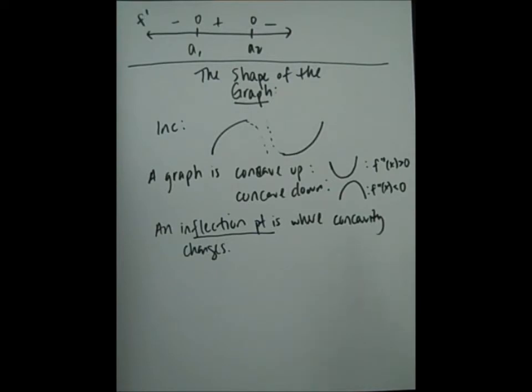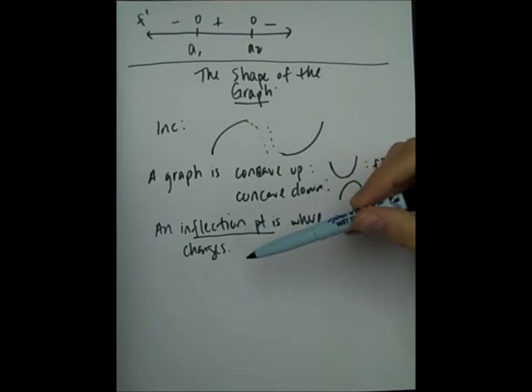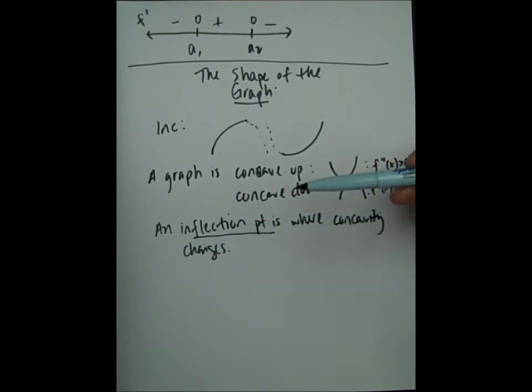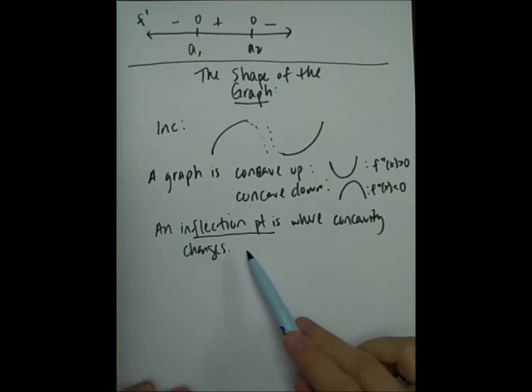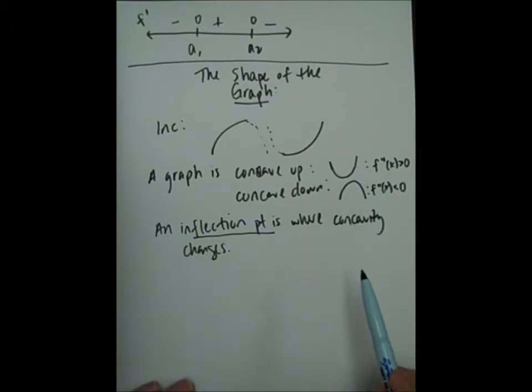And we're going to make a chart of all these things, but a graph is concave up, what you want to think in your head, second derivative positive. Concave down, second derivative negative. Inflection point is like a critical point, only with the second derivative. So this is where concavity changes, so where the second derivative changes sign.